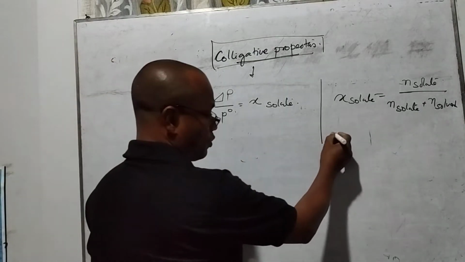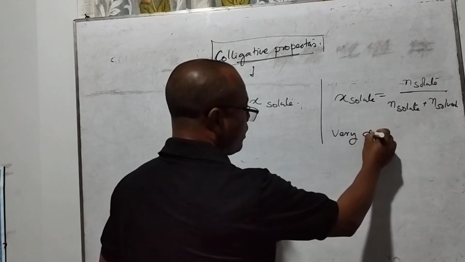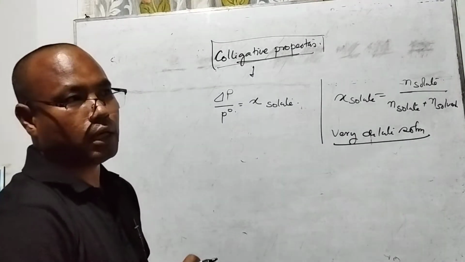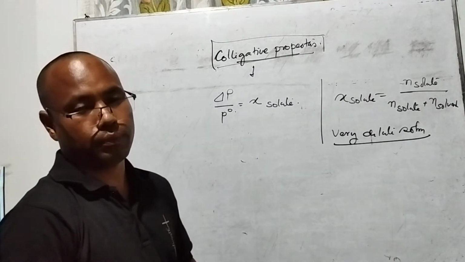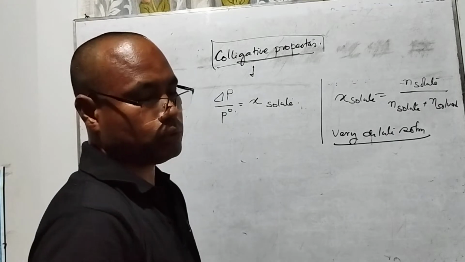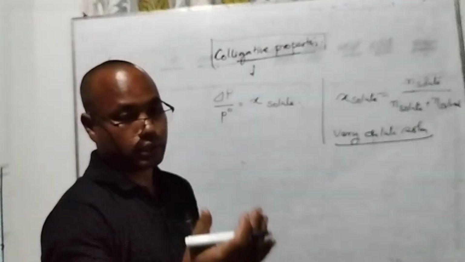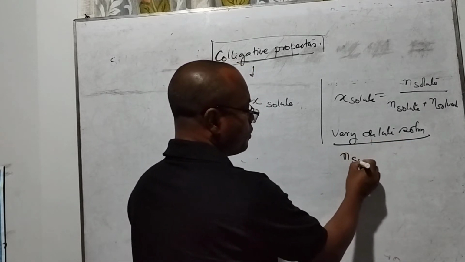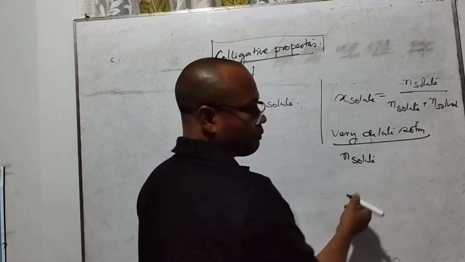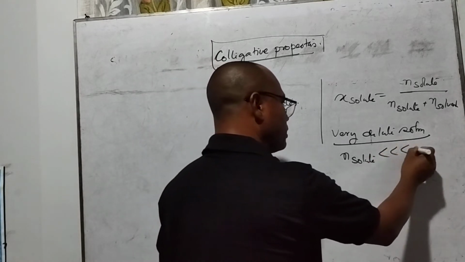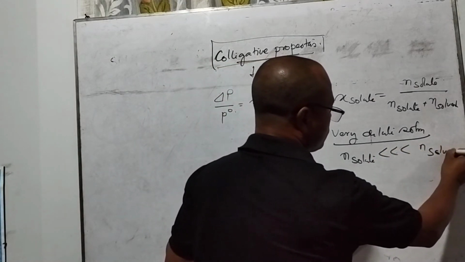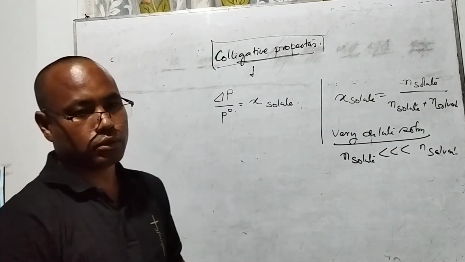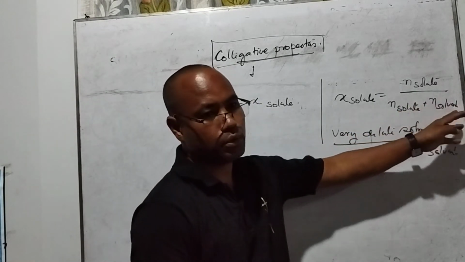For a very dilute solution, the number of moles of the solute compared to the number of moles of the solvent is very small. Therefore, the number of moles of the solute can be neglected, and we can consider only the number of moles of the solvent.